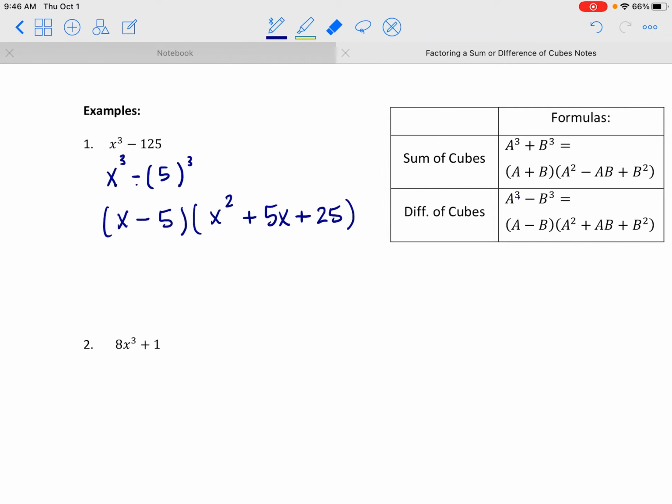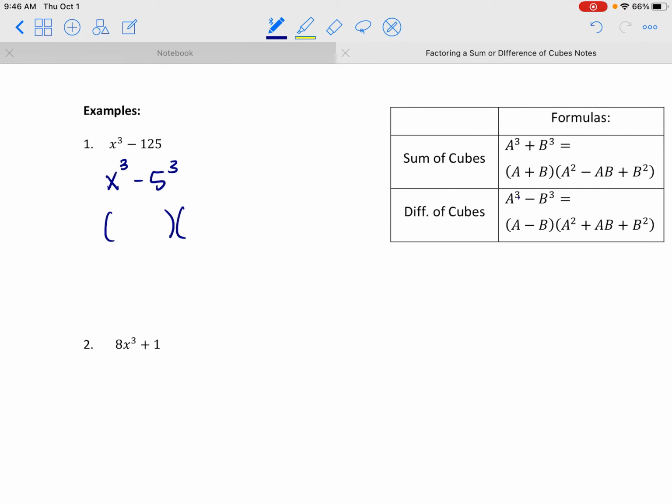So I went through it kind of slowly there. Let me run through it one more time so you can hear the verbiage. I'm going to rewrite these terms as cubes, so this is x cubed minus 5 cubed. I know this is going to factor into a binomial and a trinomial. My signs are the same, so negative, negative, then opposite, and then always positive.